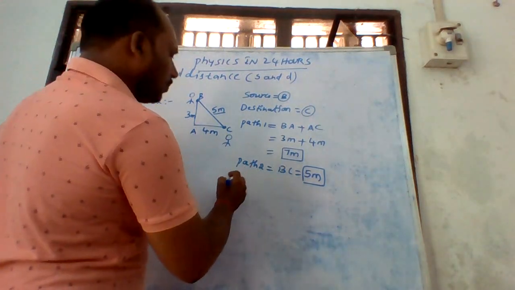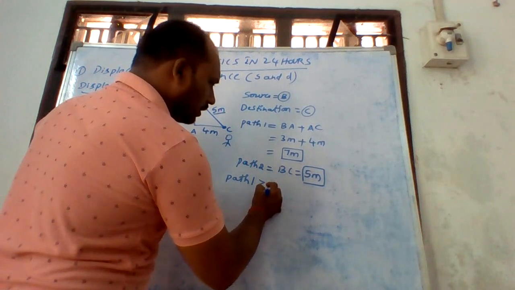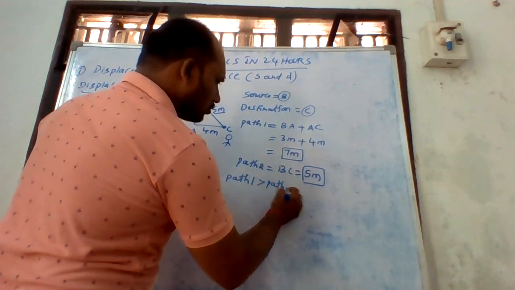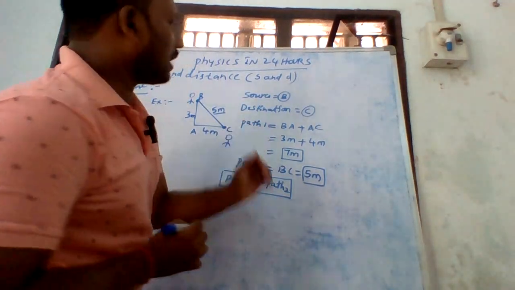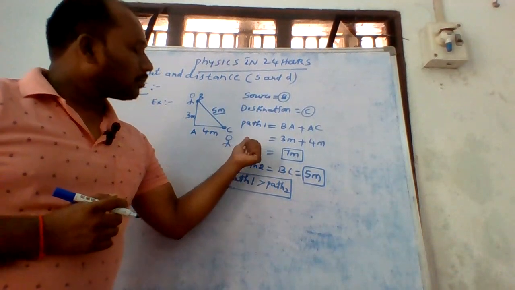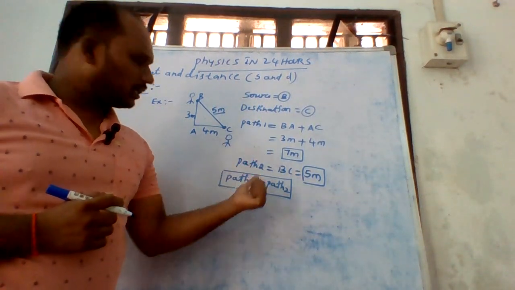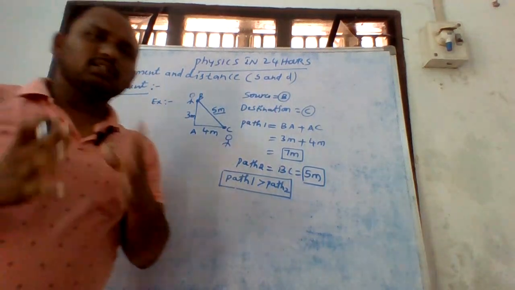Path 1 is greater than path 2. That is the conclusion I am getting from this calculation: path 1 is greater than path 2.